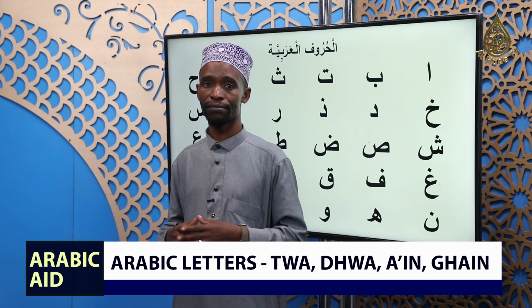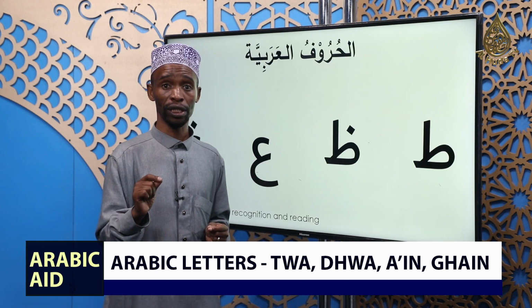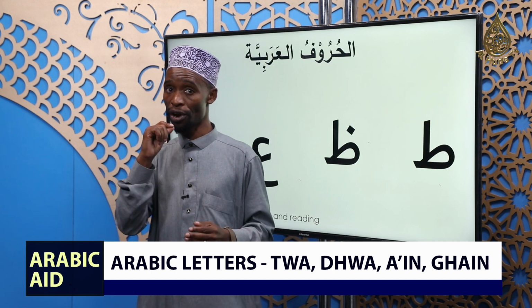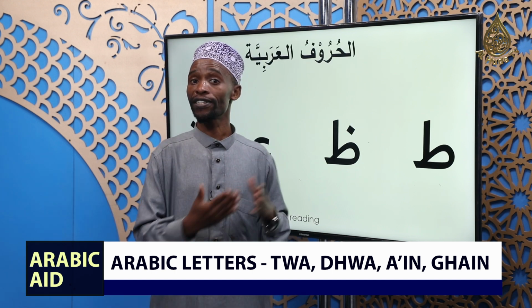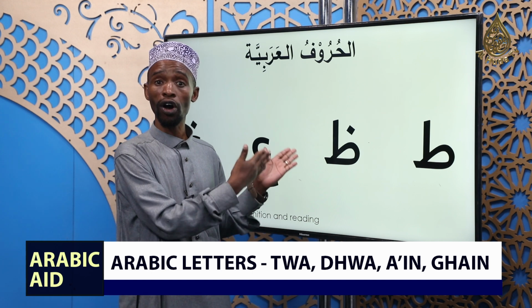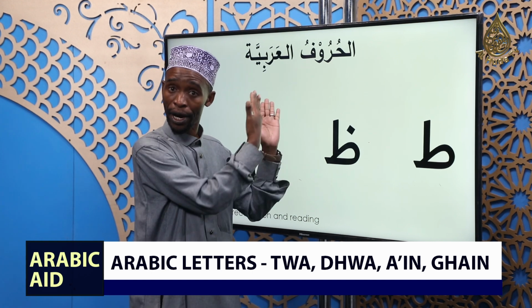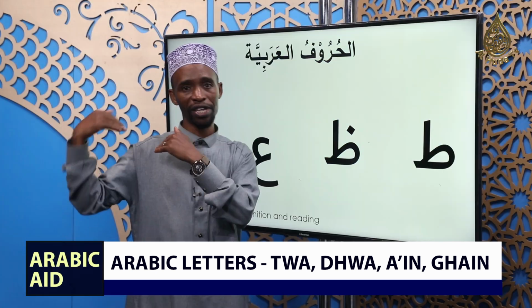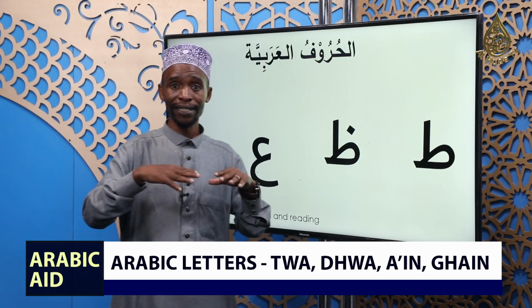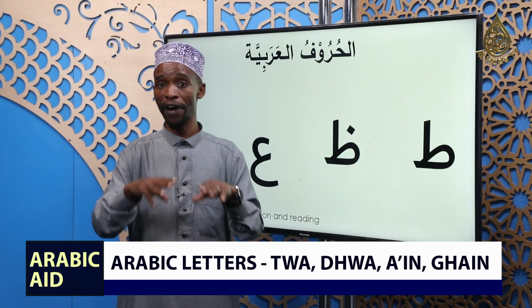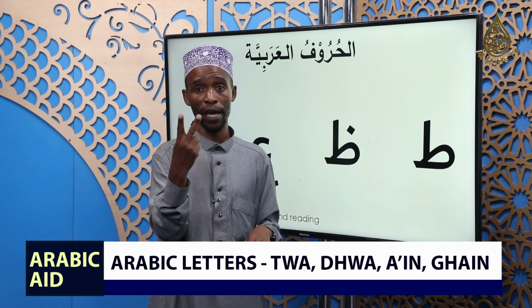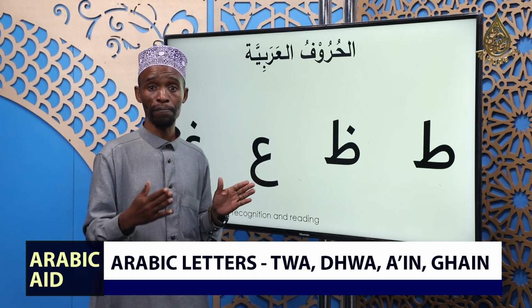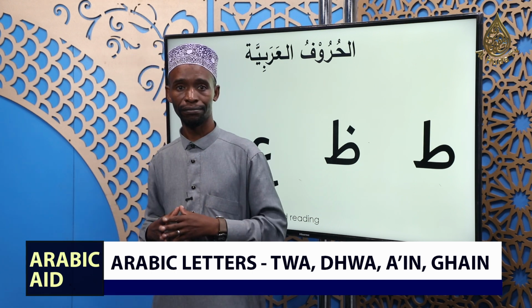Section 1. Letter recognition, reading, and makharij. On the screen, we have 4 letters of Huruful Arabiya. Like the letters we did in the previous lesson, our letters today are also divided into 2 pairs of similar shape per pair.